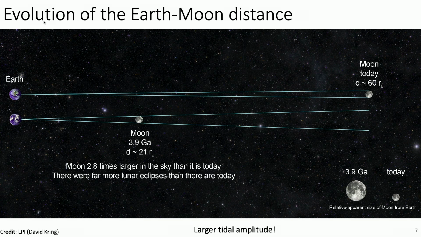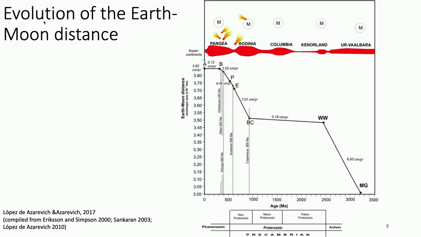So you may think that could induce some important tidal effect, and I will come back to it later. The distance between the moon and the Earth has been recorded by many authors, and there's a very nice summary by Lopez de Aracevich and Aracevich about 6 years ago.